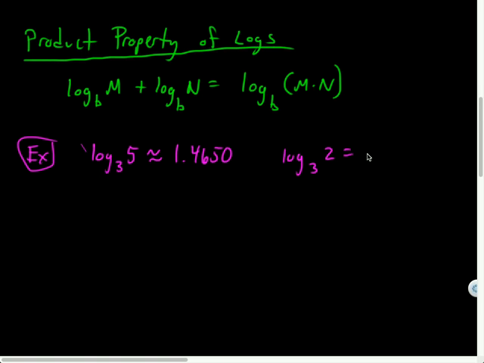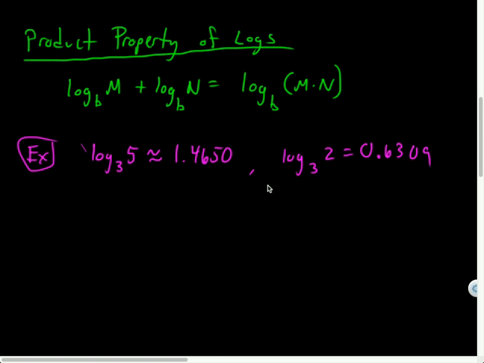Let's do that one. Let me figure that out. Log base 3 of 2 is 0.6309. And it makes sense for this one to be less than 1, because 3 to what power is 2?